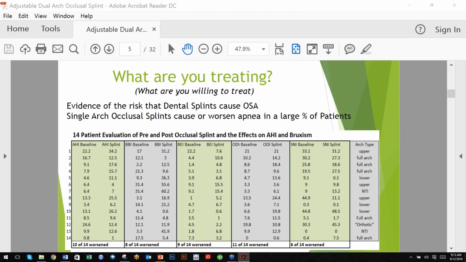And, at the end of their airway issue, do they clench and grind? So as you're sorting out what type of patient you're treating, if you decide to take a measurement on your patient, you'll get a lot more information and be able to make a more informed decision on what appliance is most appropriate.